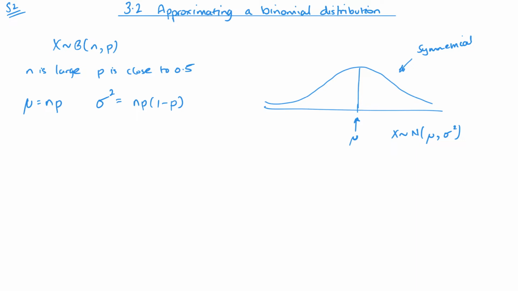In the last video, when we approximated the binomial with Poisson, I said a good rule of thumb was if np is less than or equal to 10, and n is large and p is small, then you should use a Poisson distribution.